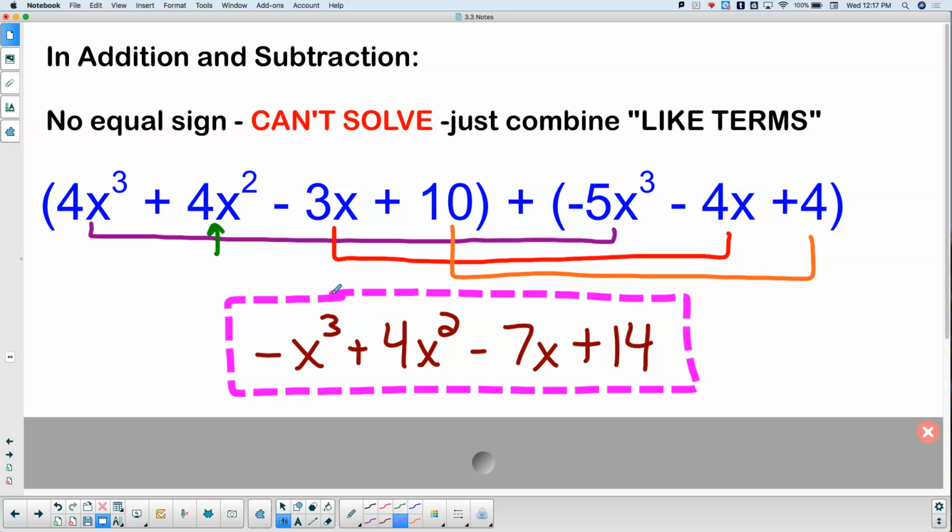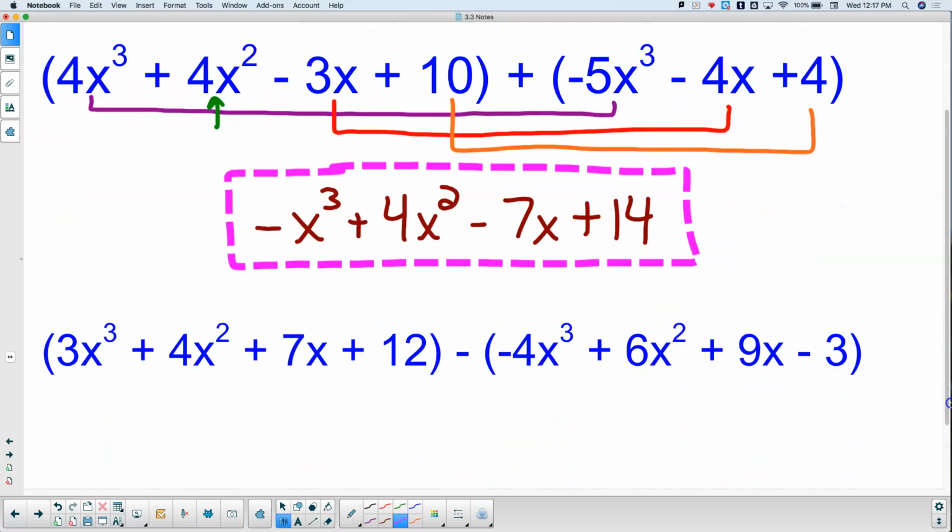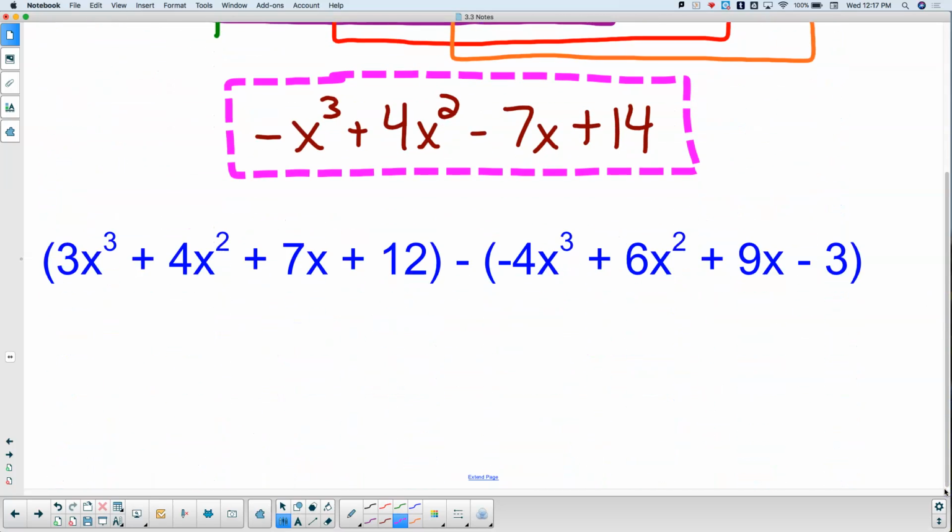Now, in subtraction, do the parentheses matter? I've heard a no and a yes. Yes. Which one matters the most? The one after the subtraction sign matters. The one in front doesn't matter.